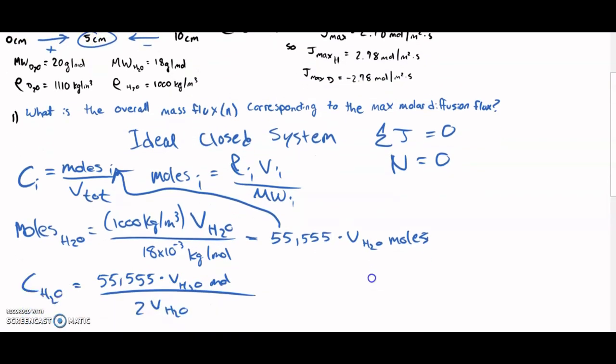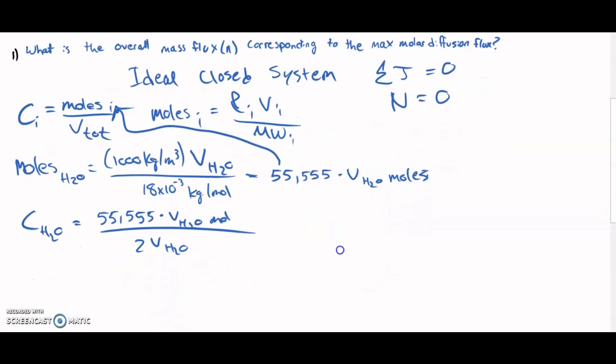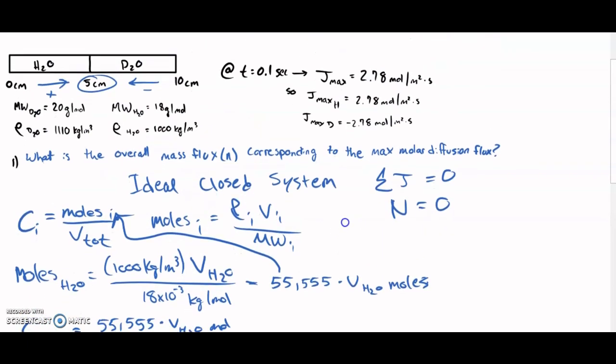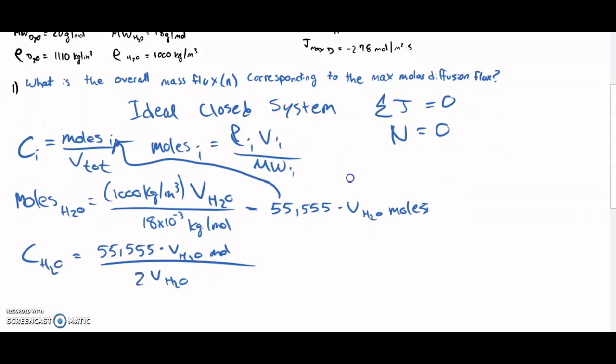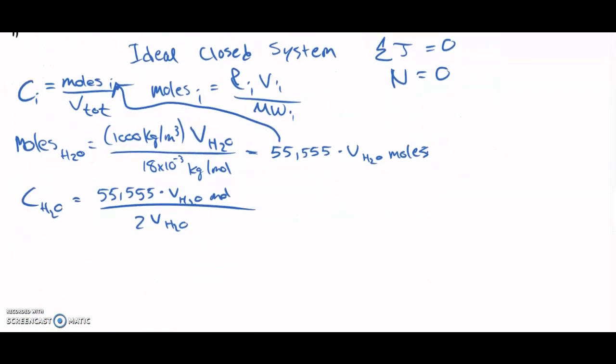And at the partition at 5 centimeters where the max molar diffusion flux is, that would be half of what the pure H2O concentration would be. So the concentration of H2O would be 27,777 moles per meter cubed.